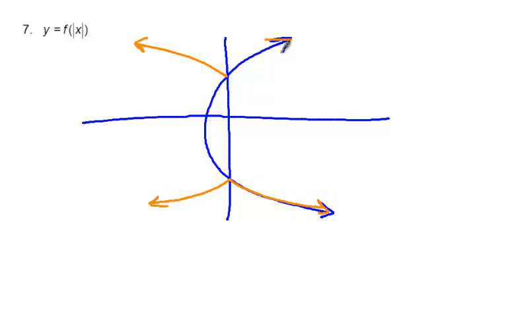It's going to reflect quadrant 1 and 4 just like so over to quadrants 2 and 3, and then it removes what used to be in quadrant 2 and 3, and that is the process. That's the process of performing a transformation of the absolute value of x.